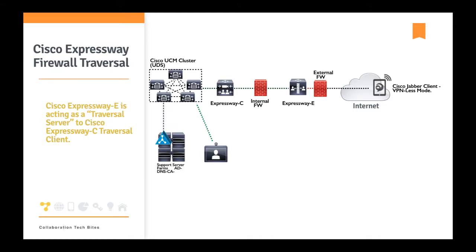Expressway C is considered a traversal client. So Expressway E, which is our Expressway Edge, is the traversal server. It is positioned and built within the DMZ. Expressway C, or Expressway Core, is the traversal client, and it's installed and built within the enterprise network.